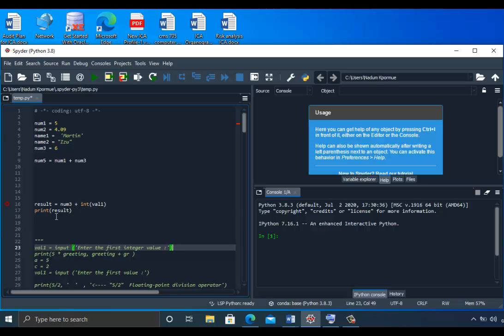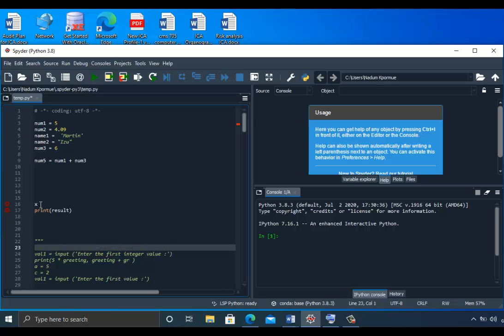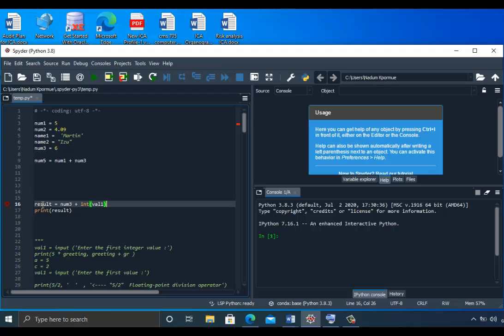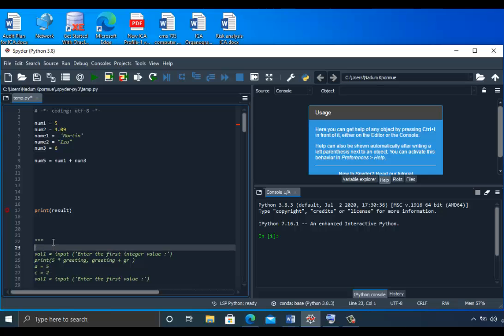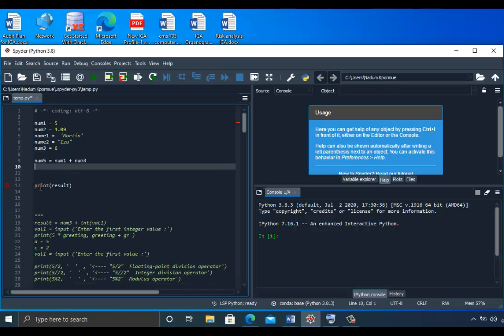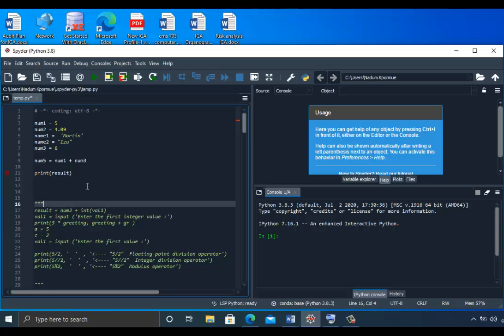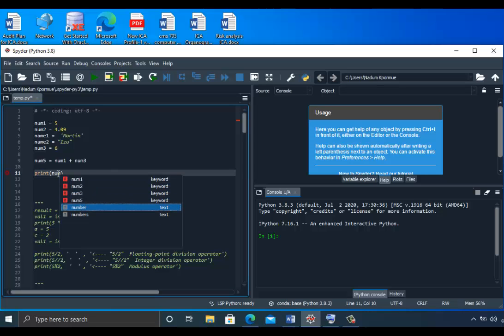Okay, so we can as well discover the results by changing this to num5.